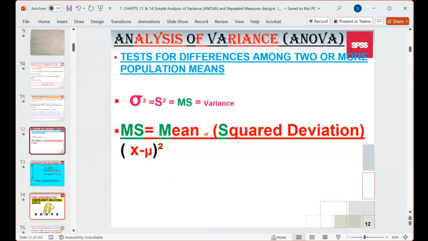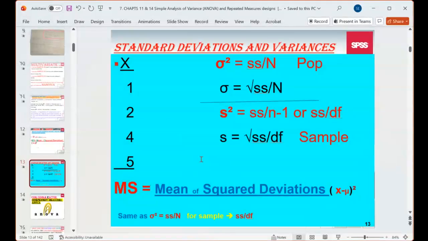So as you can see, the new symbol for variance is MS. So what is MS? MS means mean of squared deviation, or mean squared for short. And we talked about that before. This is how we talked about it. Mean squared, variance, standard deviation, population, and then again, it's the same, except it has a different name.